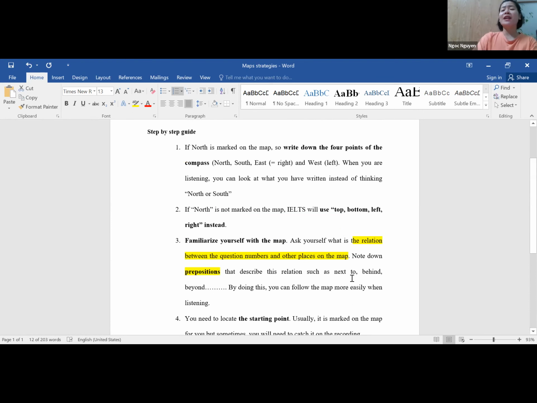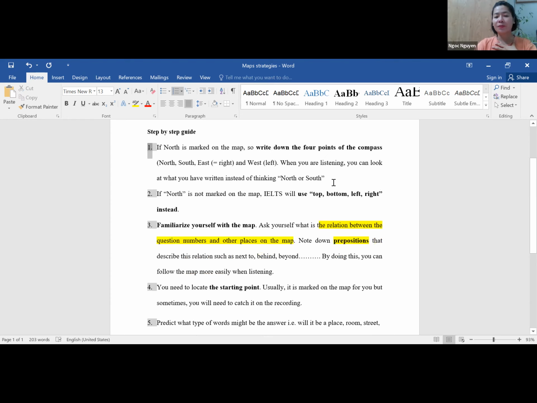A lot, right? But if I had to choose 3 strategies to suggest you take away from this lesson, I would say that number 1 is a very good one. Write down directions. Don't think about them. Write them down so that you see them on your paper, right?